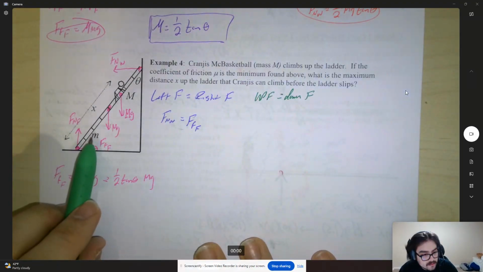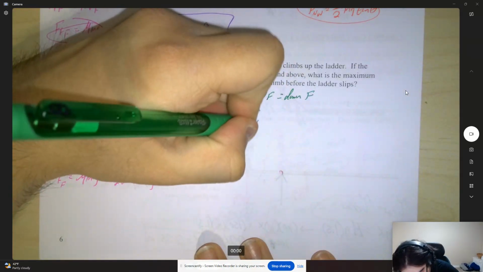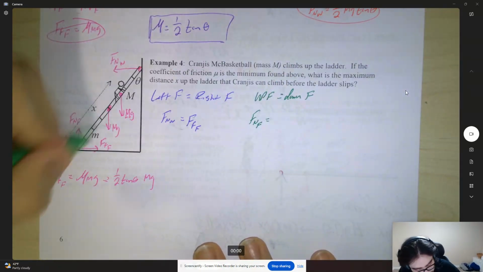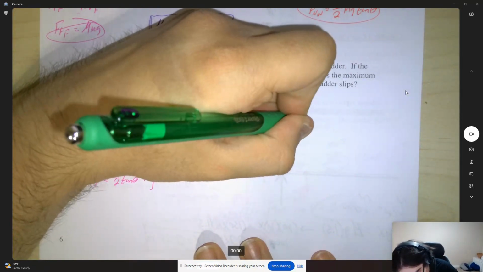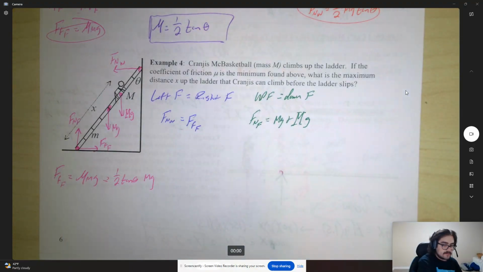Same thing: my up force is just the normal force of the floor, and I set that equal to both weights, mg plus capital M g. And then again, I have to do my torques.